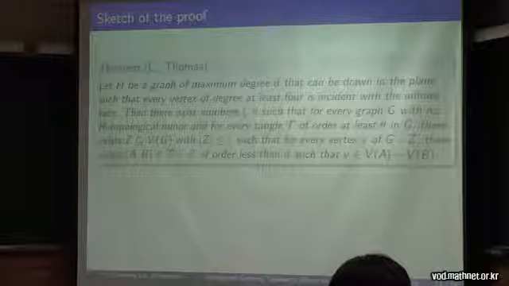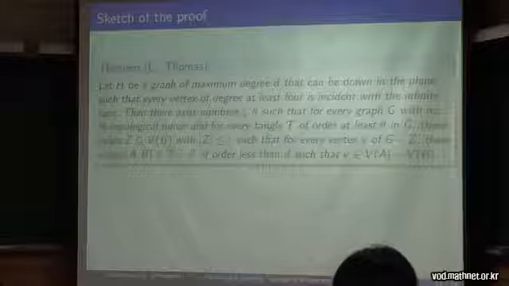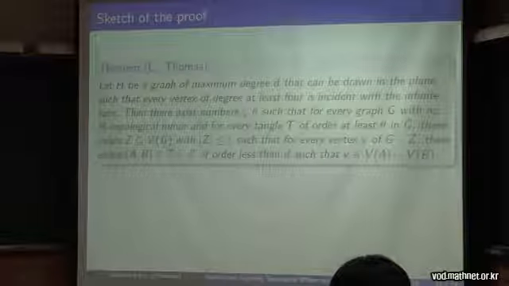For every vertex not in Z. If I delete Z and I still have a vertex in the remaining graph, then I can find a separation of small order that separates this vertex from the tangle.